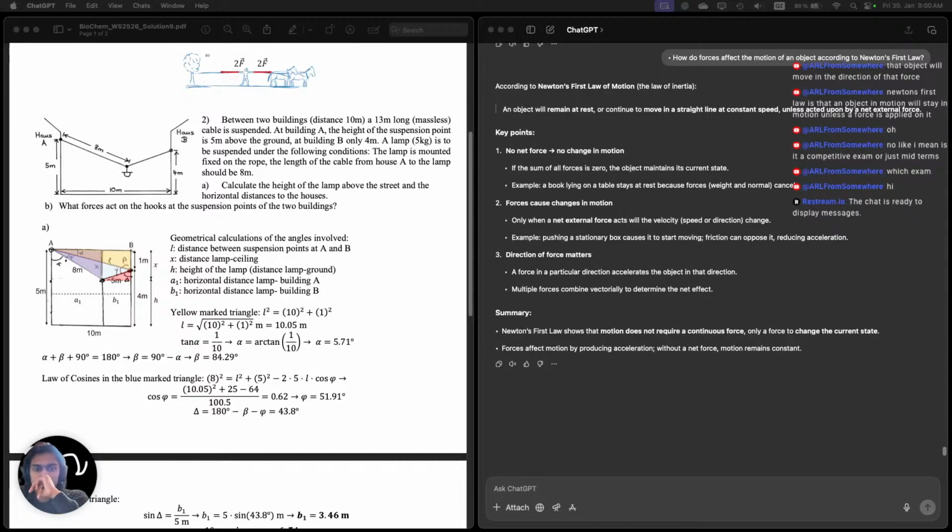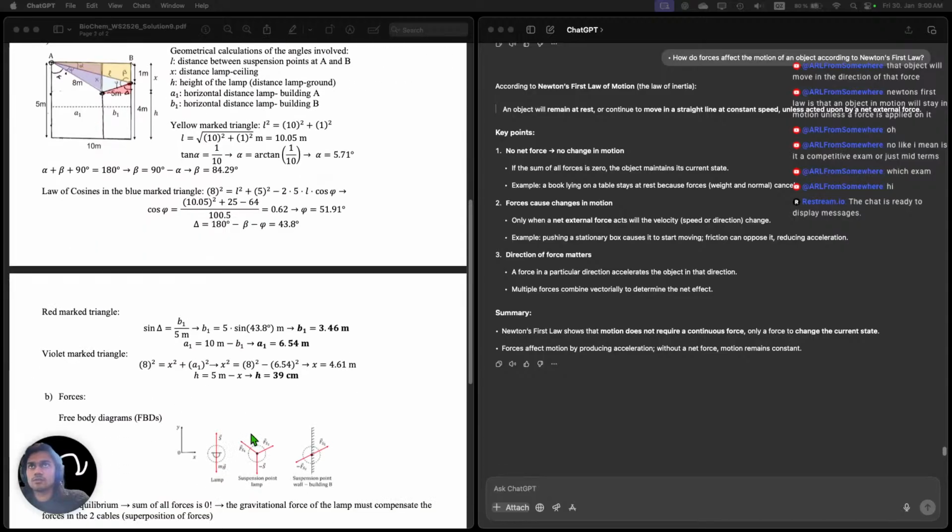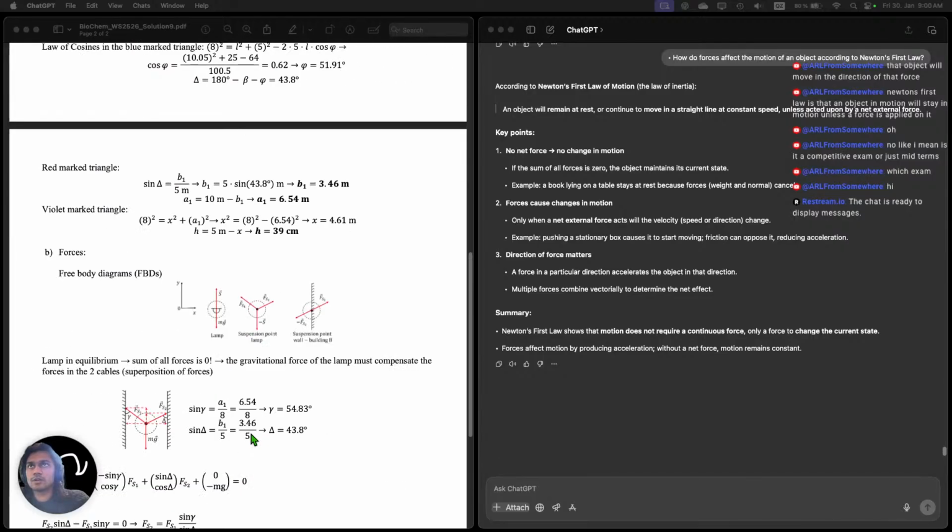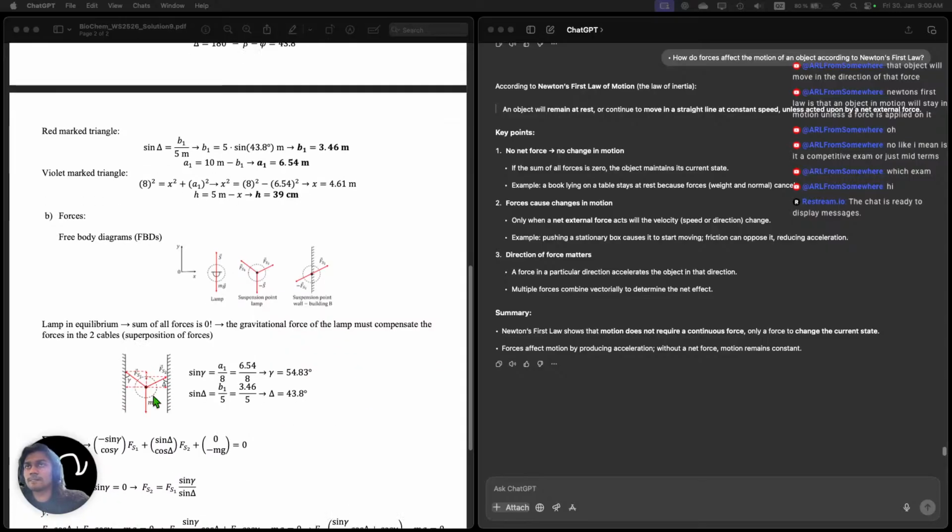I could look into the equations. Free body diagram, yeah. Sine omega, what is this?